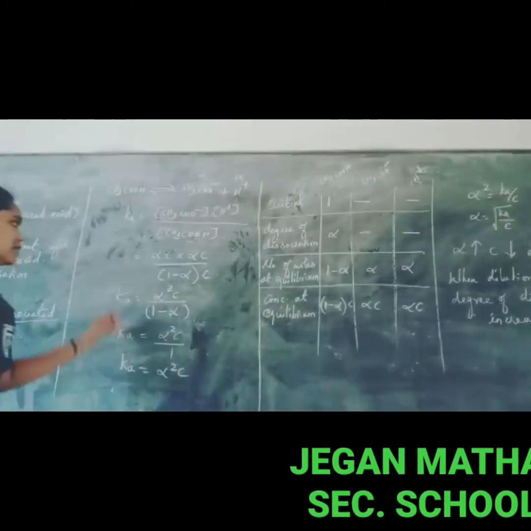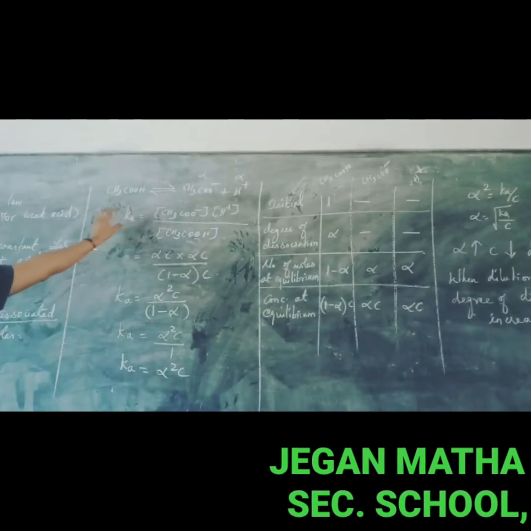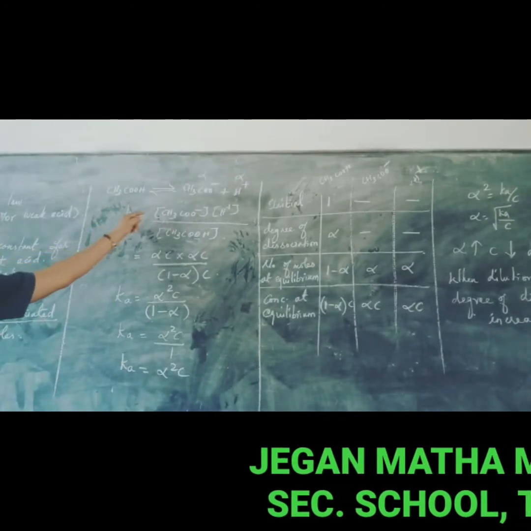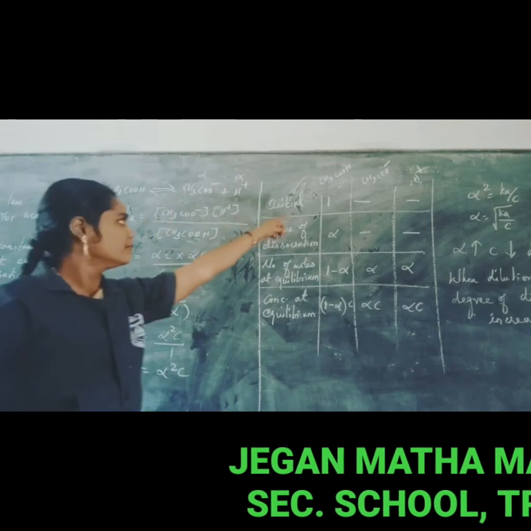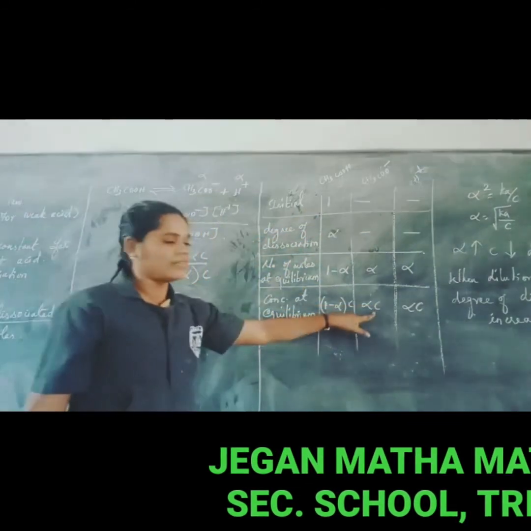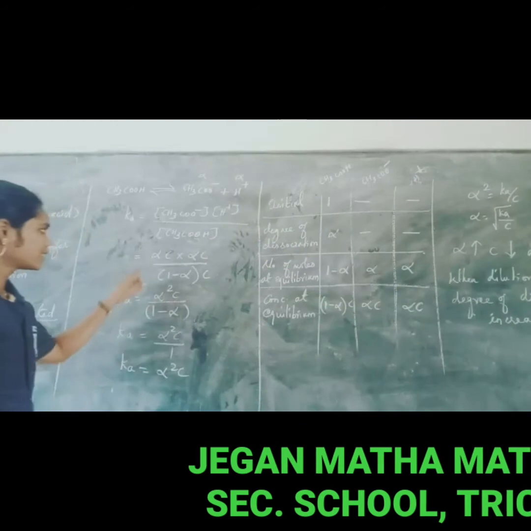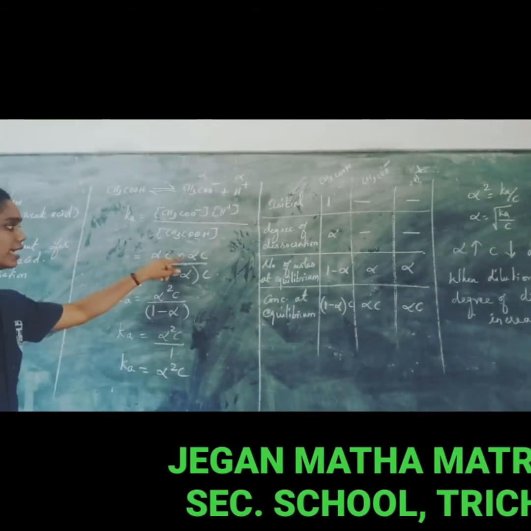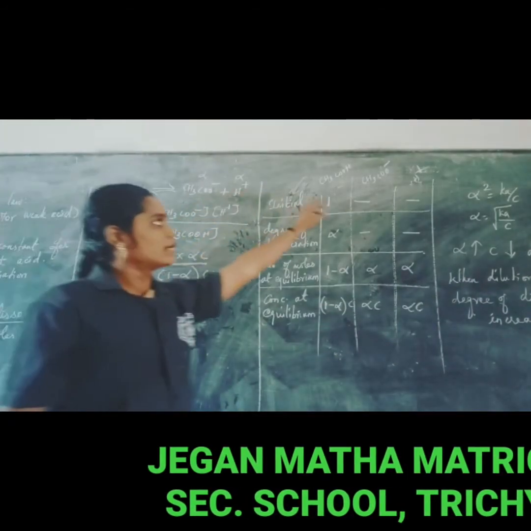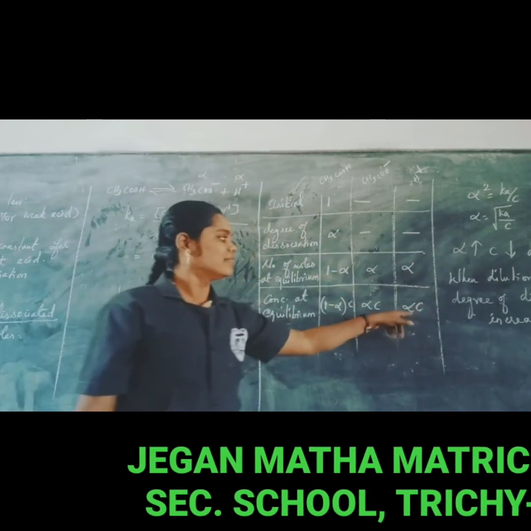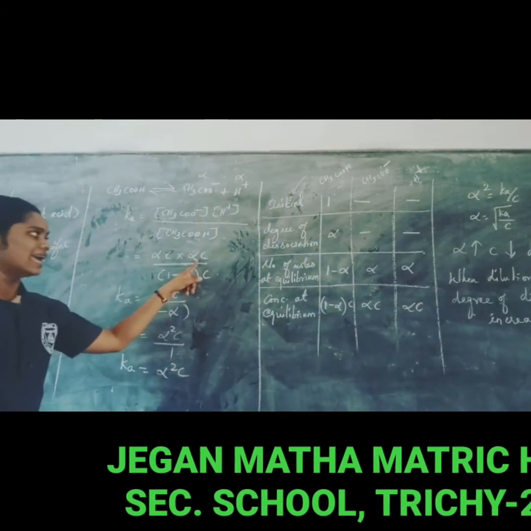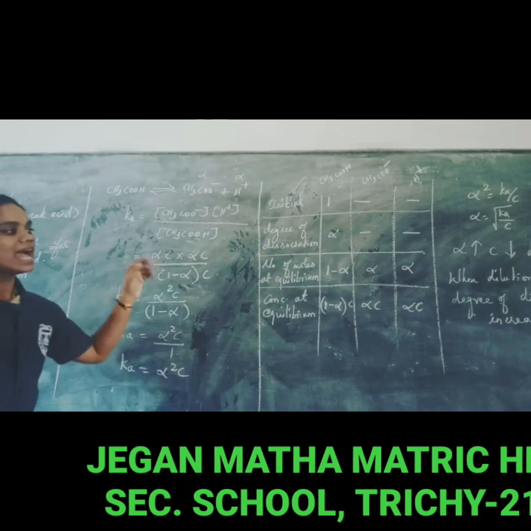And next one, apply these values here. So Ka is equal to, for acetate, alpha C, into H plus, which is also alpha C, divided by acetic acid.